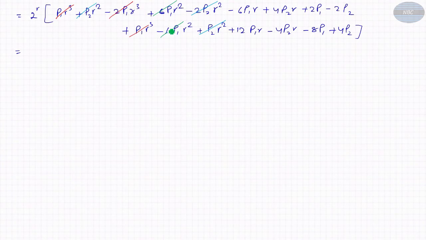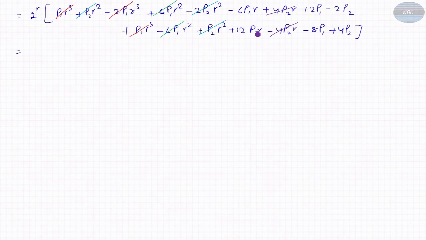And the remaining terms we can write down. One more cancellation is there. This is 4 p2 r minus 4 p2 r, so this is cancelled out.